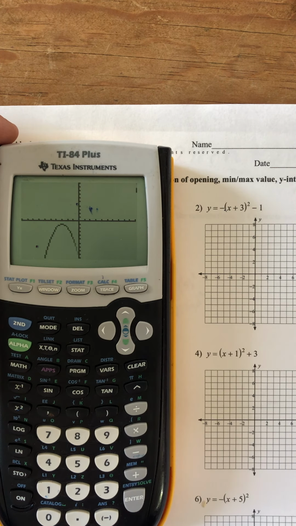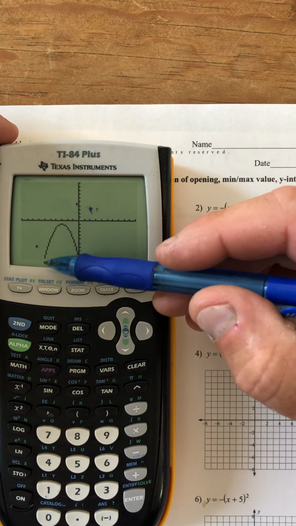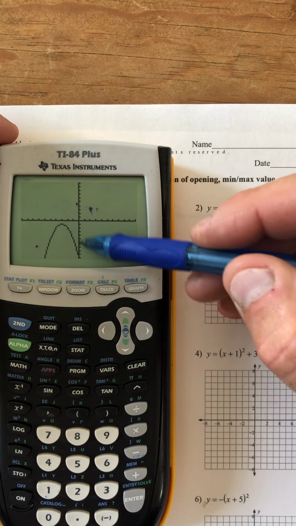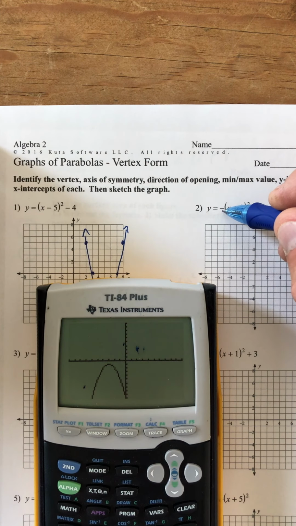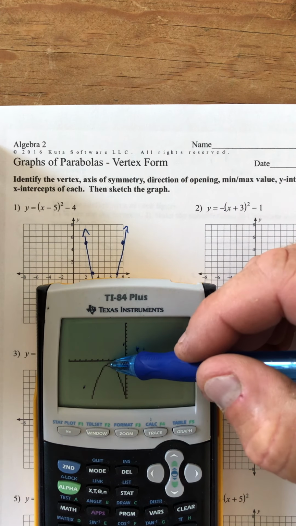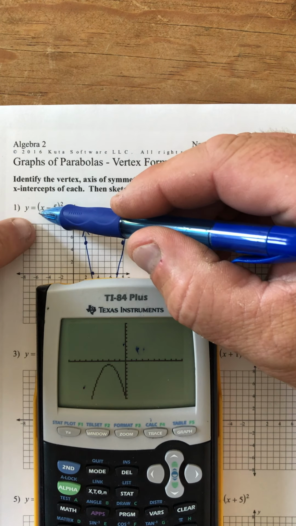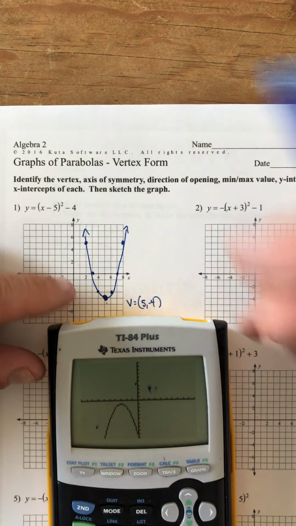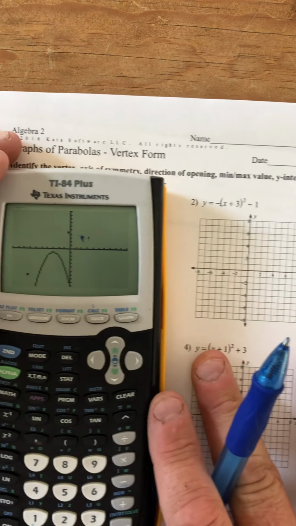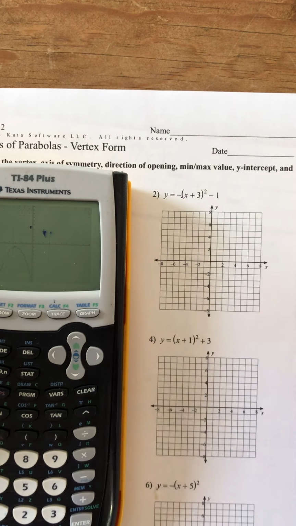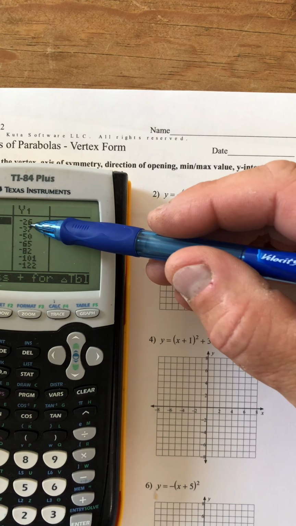Graph. Now you'll notice that this is an arc, but it's going the other way. We have a maximum point. So when we have a negative, we're always going to have a maximum point, and when we have a positive squared, it's always going to be a minimum point. So let's go to second graph. Remember, we want this to match up.